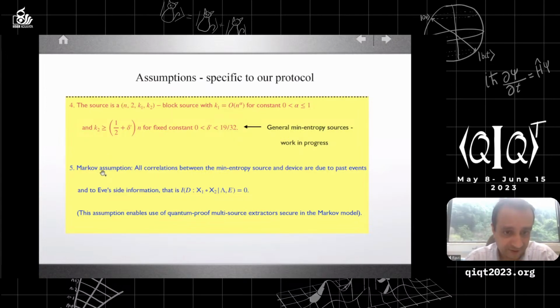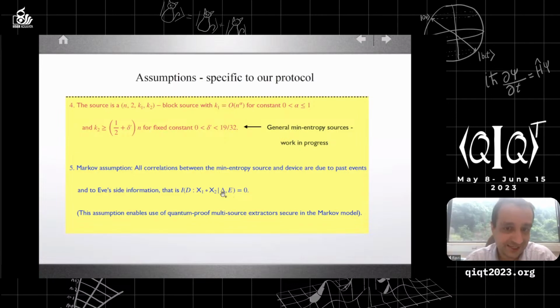The final assumption is called the Markovian assumption, which says that the min-entropy source and the device can be correlated, but any correlations between the source and the device are due to past events, which means they are due to any interactions between the two. They are correlated up to eavesdropper side information, which means that the mutual information between the device and the block min-entropy source, conditioned upon lambda and E, vanishes.